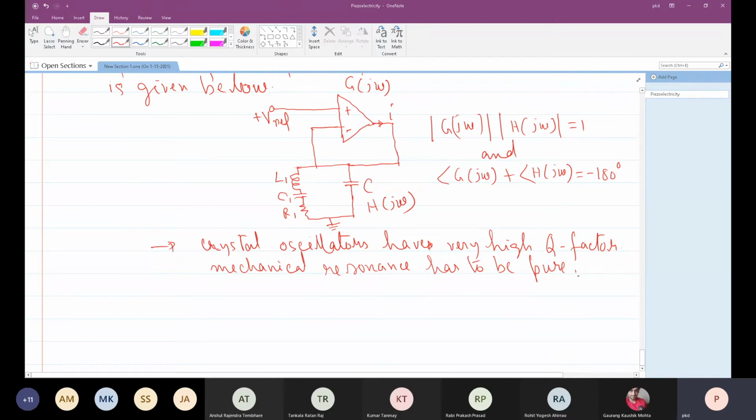So for very good quartz crystals, it can be greater than 50,000 or 1 lakh or so.